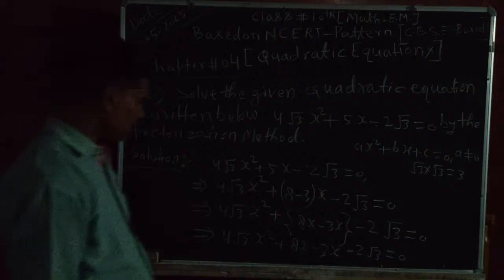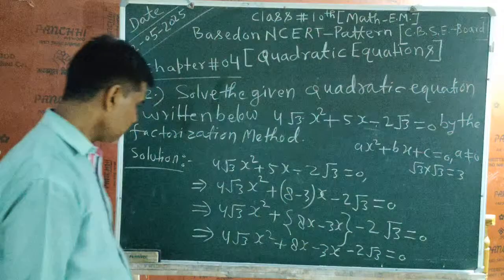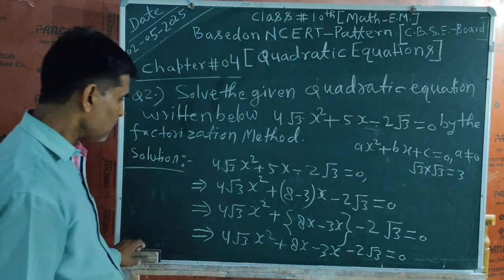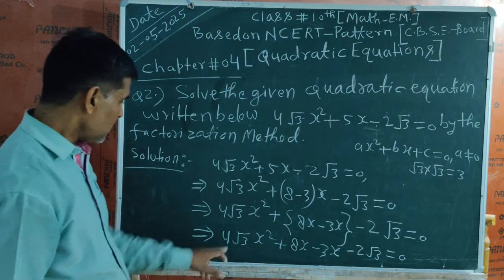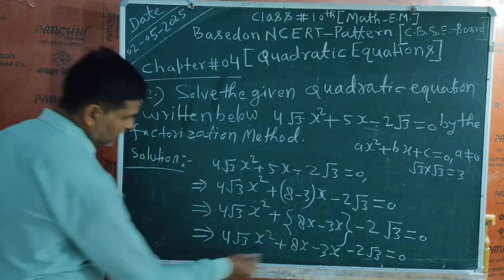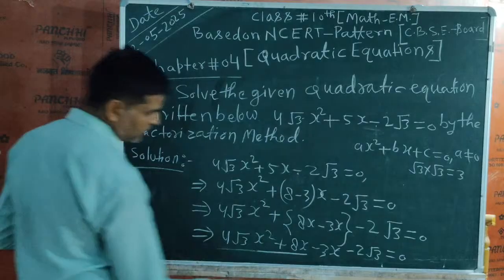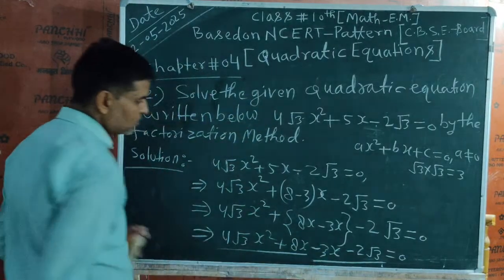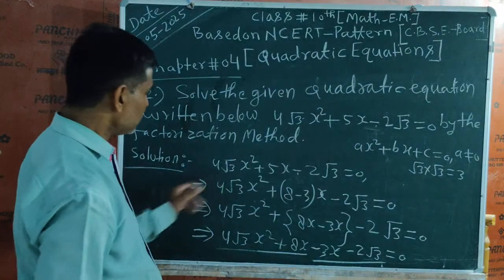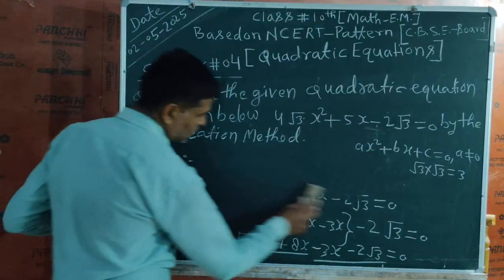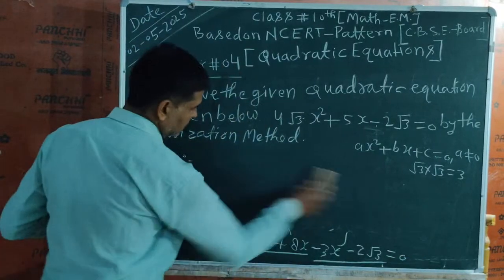Here we have to take root 3 common, so there will be 4, and further I am going to take 4x common. In this term I will take common, and also in this term I will take further common. Okay student, so I am going to erase every data for further calculation.